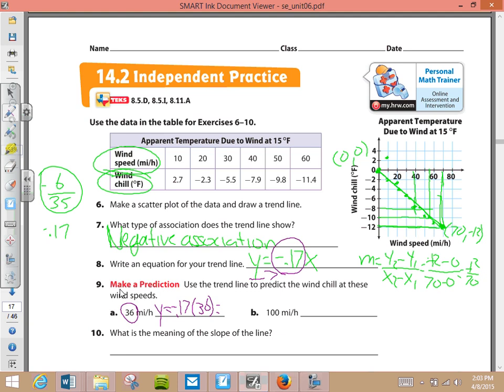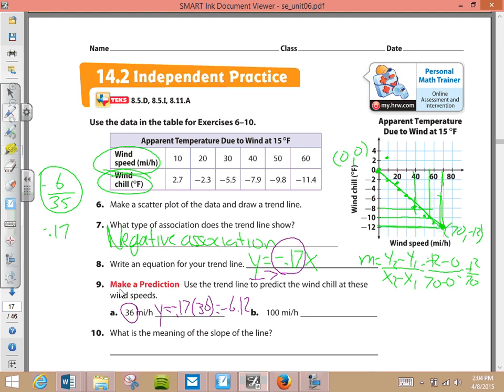It should be a negative answer. I'll do it for mine. So 0.17 times 36, I get negative 6.12. So for you guys, you should be right around that number.